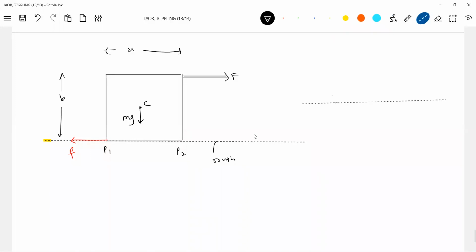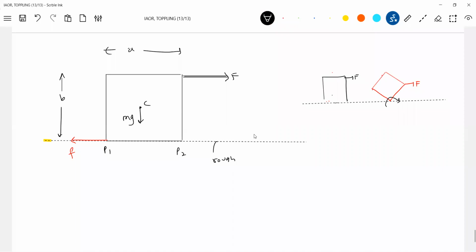It starts rotating. So initially the body will be like this. As you keep on increasing force, the toppling will be like this. It starts toppling like this at one particular point.